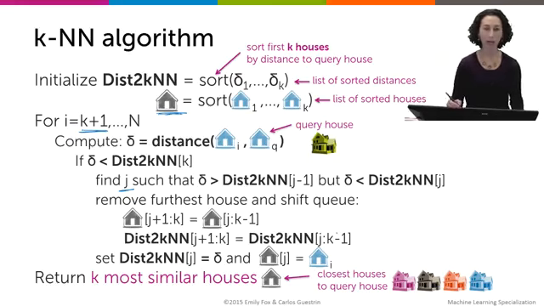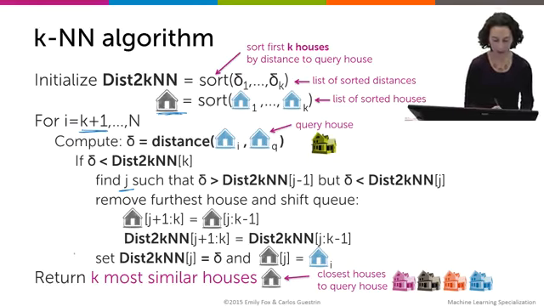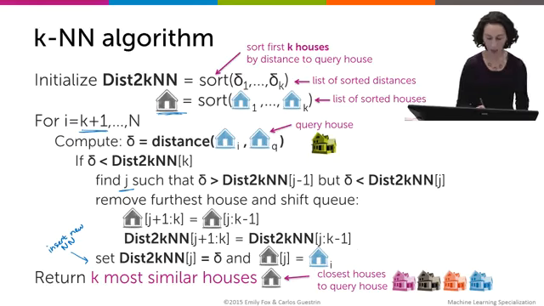And then this step is doing exactly the same thing, but for the distances associated with each of these nearest neighbors. So finally here, this is where we're inserting the new nearest neighbor, where in the jth slot, we're putting the distance to this newly found house, and in the jth slot of our list of houses, we're putting the house itself.